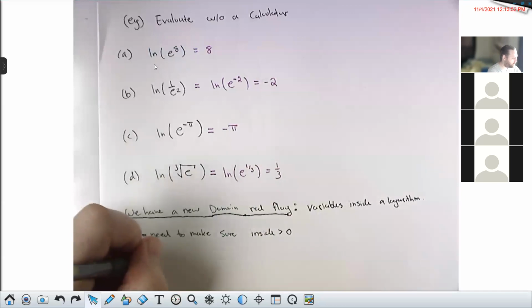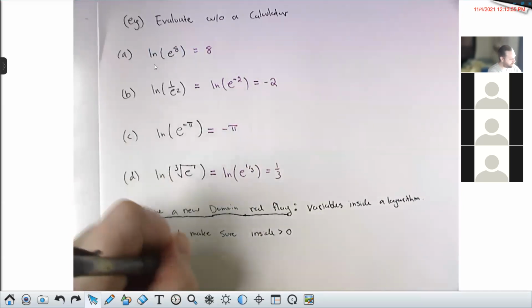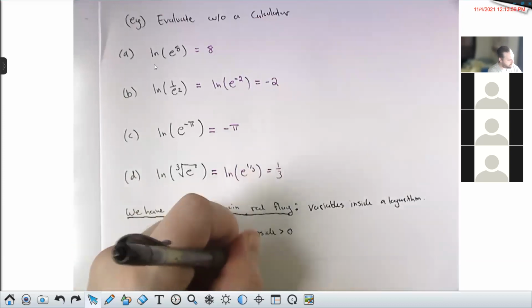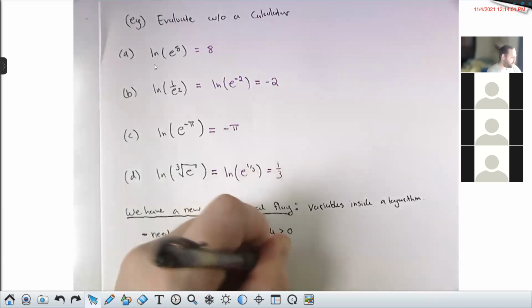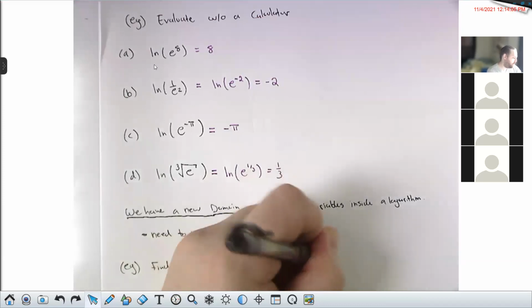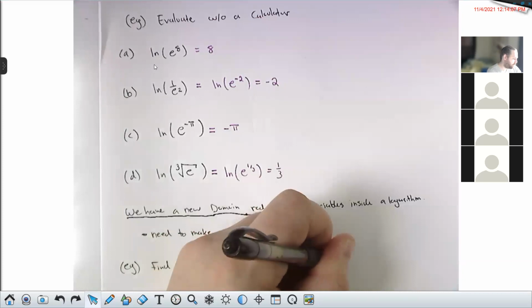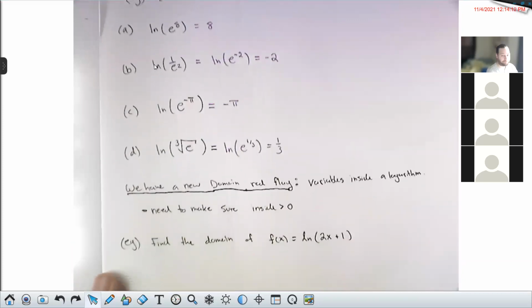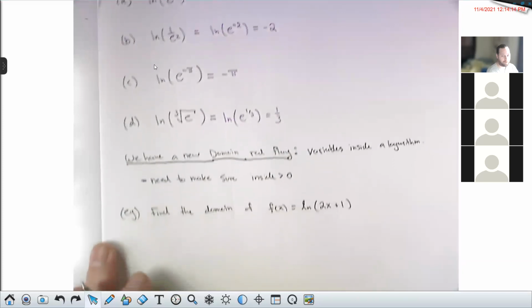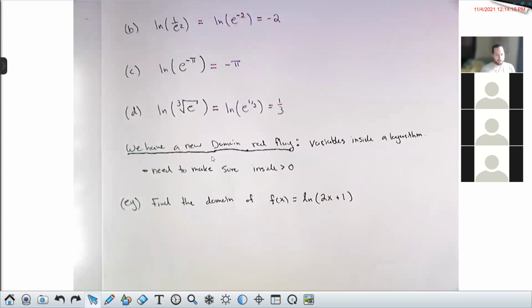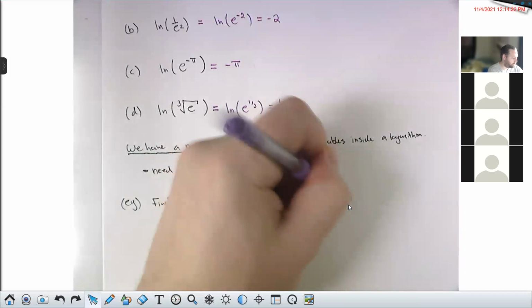So I could say, find the domain of f of x equals the ln of 2x plus 1. And the red flag here is that I have variables inside the logarithm.